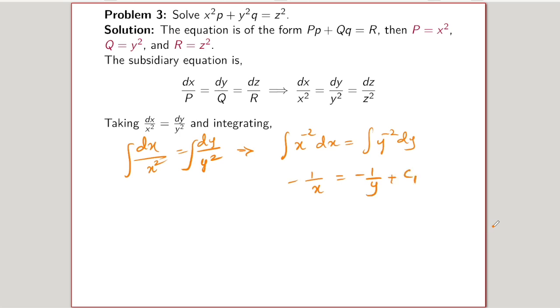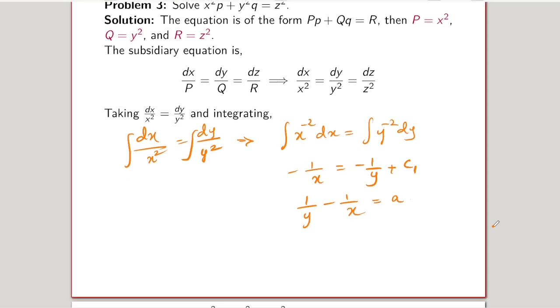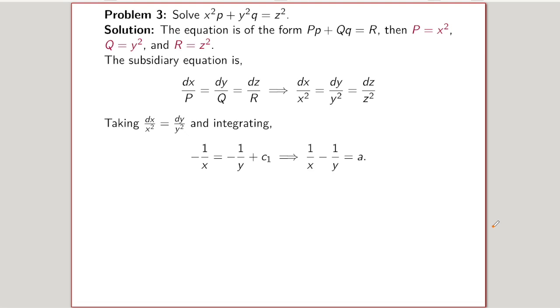So we can write it as 1 by y minus 1 by x. This is equal to, the constant can be replaced with a. Or we can write 1 by x minus 1 by y is equal to a.